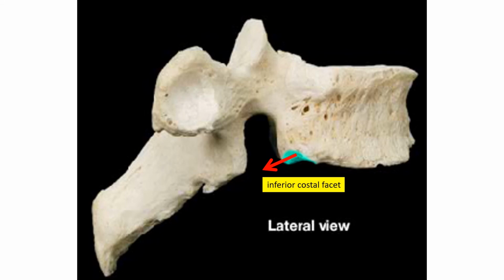The green colored area is a smooth area on the inferior surface of the body of the thoracic vertebra. Inferior because it is lower down, costal, a term for the ribs, and the facet is a smooth area for articulation with the head of the rib.